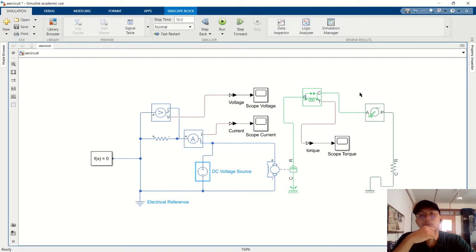The shunt motor will convert the electrical energy to mechanical energy, and it will drive the wheel and axle that will generate the torque to lift our garage door. So that is basically how our circuit works.